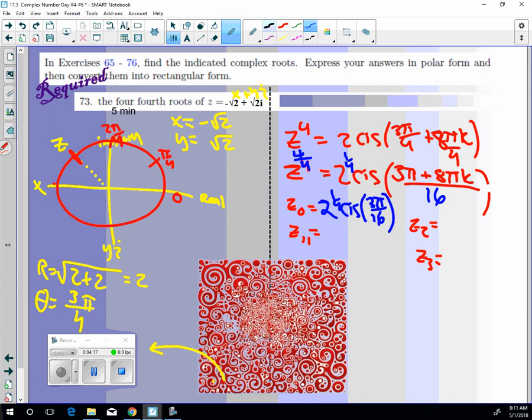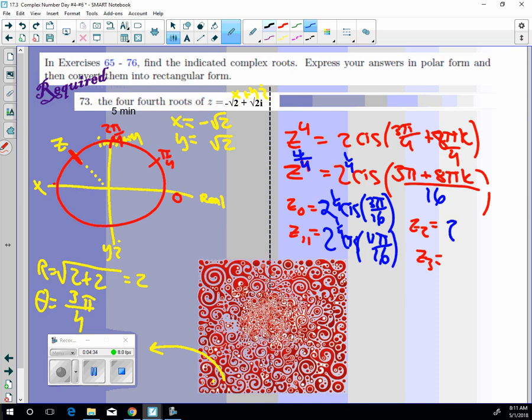That's the first one. The next one is 2 to the 1/4 cis 8 plus 3 is 11 pi over 16.